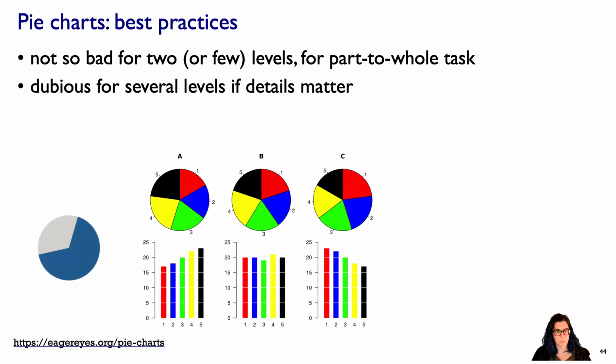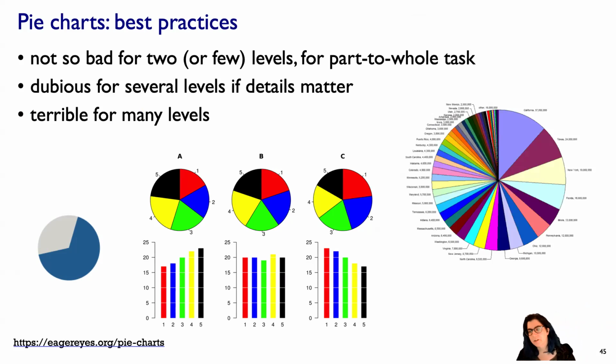So this is a nice example of where you look at these pie charts and they really do look pretty similar. It's pretty hard to tell what's going on. You look at the bar charts and it's extremely clear that you've got this increasing trend for one, this sort of variable thing for the middle one, and then a decreasing trend for the one on the right. And you just can't see that in the pie chart.